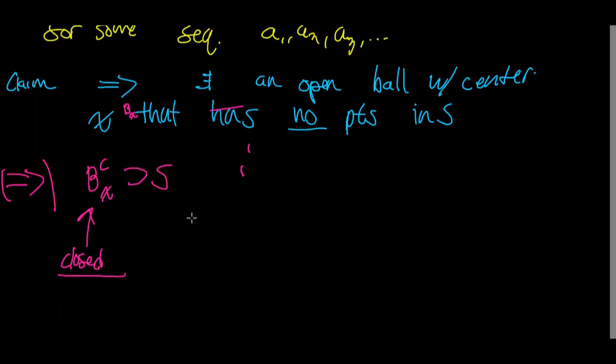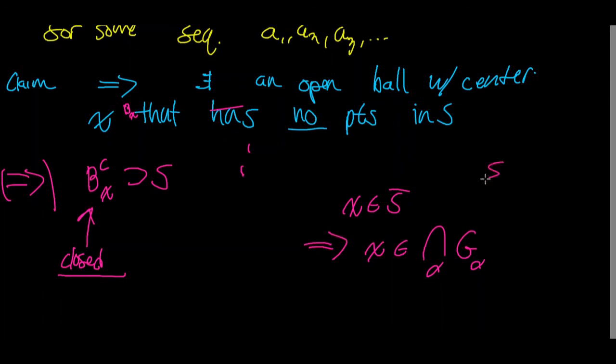Therefore, check out what we have. We have that x is in the closure of S, which implies that x is in the intersection of all sets G alpha that contain S. Not only all sets G alpha, all closed sets G alpha, all closed sets that contain S. So I'm just making this collection of closed sets.